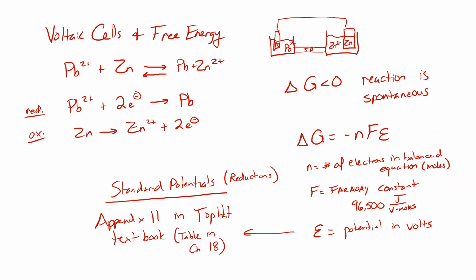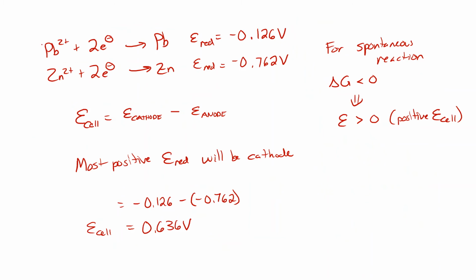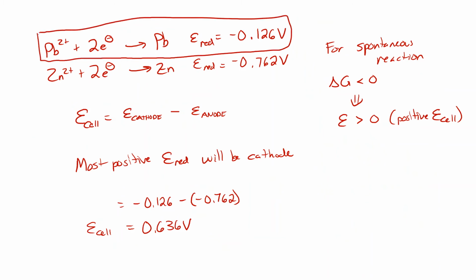And since we know how cathodes and anodes are related to reduction and oxidation, we know further that this lead reaction has to be our reduction because it happens at the cathode, right? And this zinc reaction, that is more negative, is going to be the oxidation that happens at the anode.